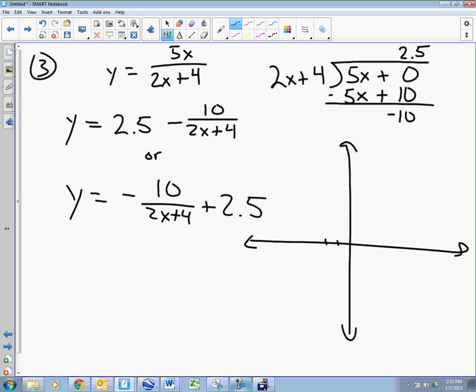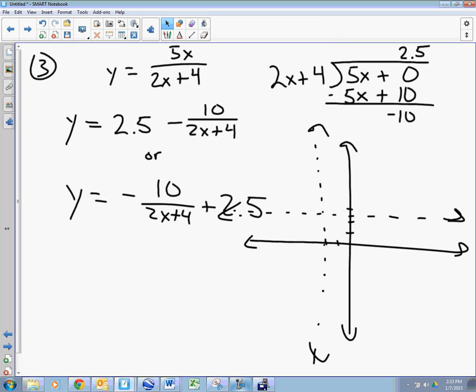My vertical shift, 2.5. And what else? Flip it.